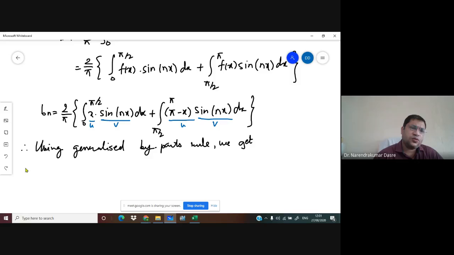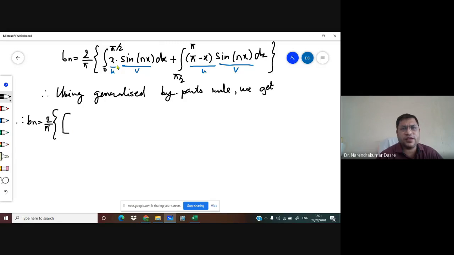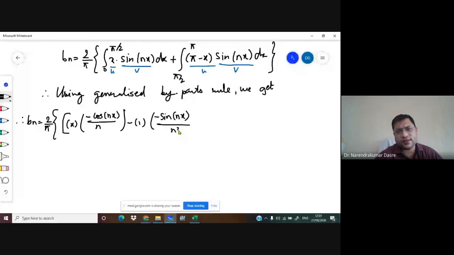Okay, so what we are able to get is Bn is equal to 2 upon pi. So for the first integral, x remains as it is. The integration is minus cos of nx upon n, minus the derivative of this term is 1 and the integration is minus sine of nx upon n square, and this is from 0 to pi by 2.